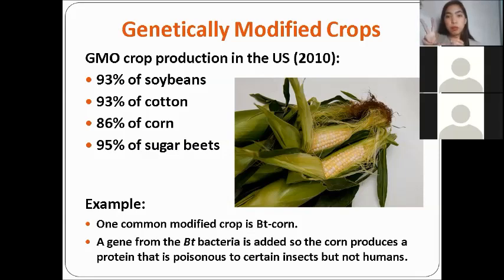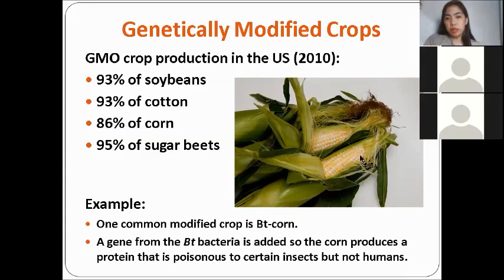Meron na tayong two species. So join together. So what will happen? If you compare the genetically modified corn or the BT corn to the normal one, mas madaling masira yung normal na corn, because genetically modified corn can produce a protein that is poisonous to certain insects.